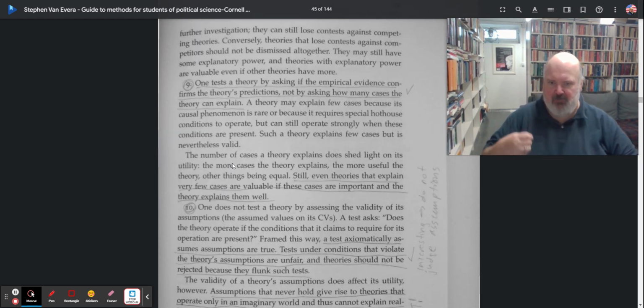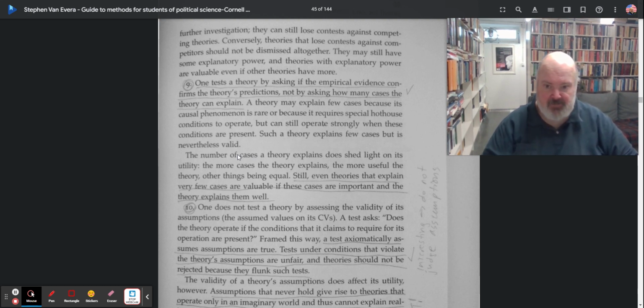In other words, we ask whether the empirical evidence confirms the theory's prediction, not how many cases it explains. The number of cases a theory explains does shed light on its utility. The more cases the theory explains, the more useful the theory, other things being equal.